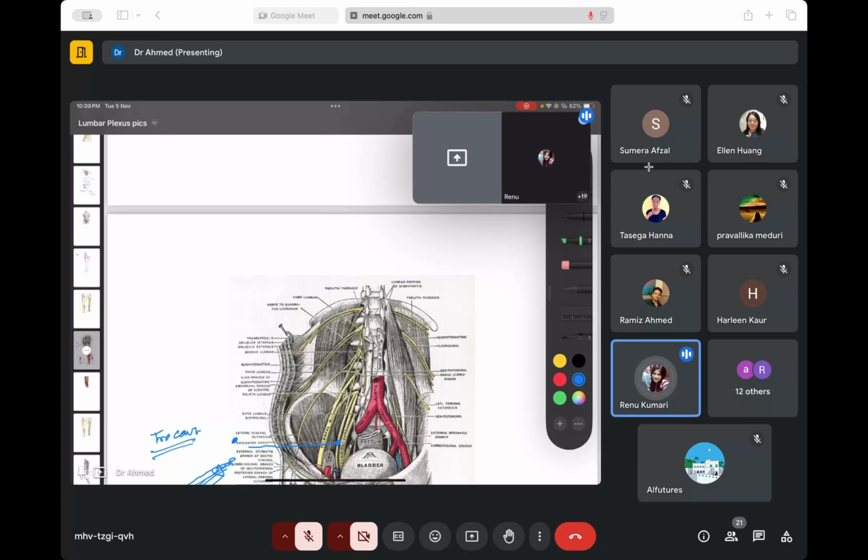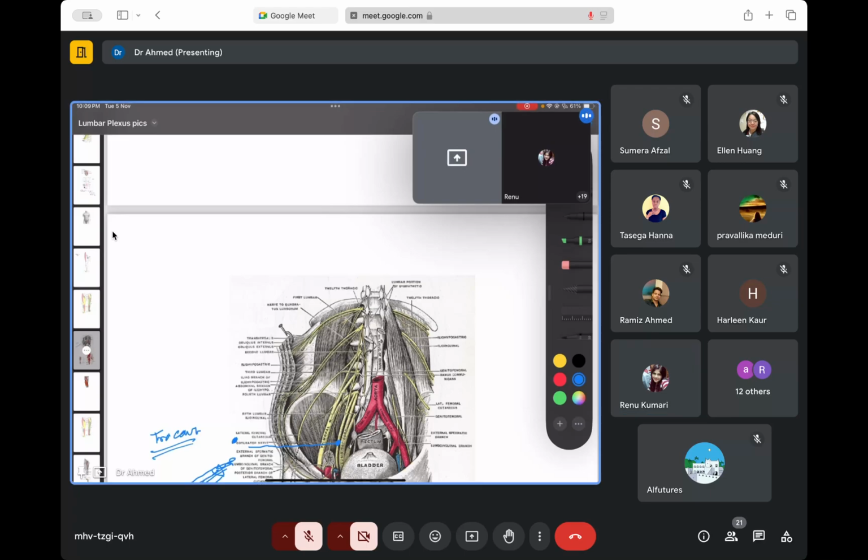For the sensory supply, the genital branch of the genitofemoral nerve, in males, gives sensory supply to the scrotum, and in females, to the mons pubis and the labia majora. The femoral branch will give sensory supply to the anterior upper thigh.